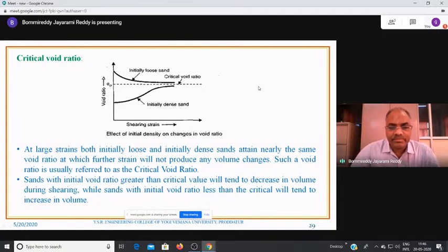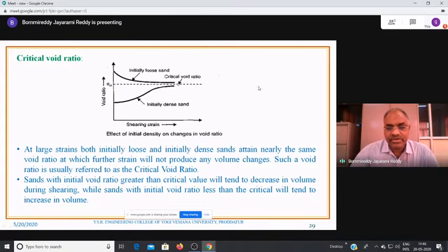At the same time, when initially loose sand is subjected to shearing strain, the void ratio decreases continuously and reaches a constant value. That constant value is called the critical void ratio.